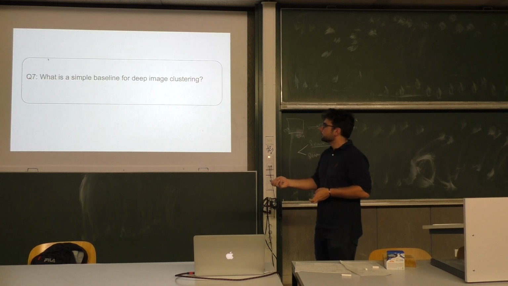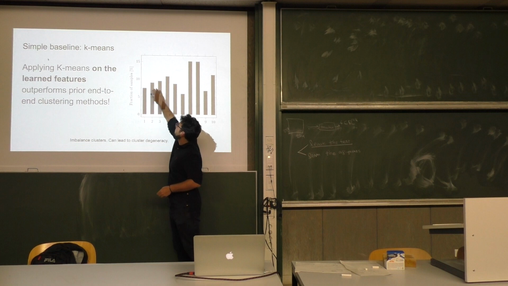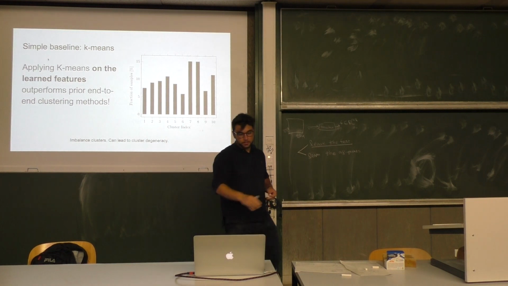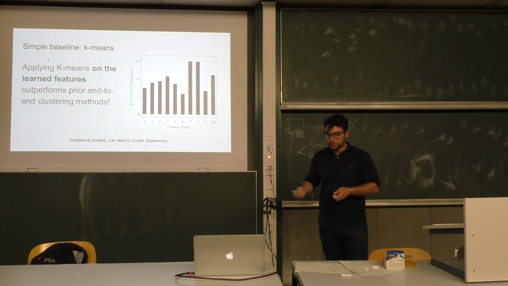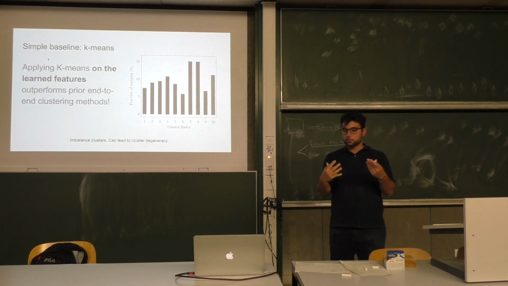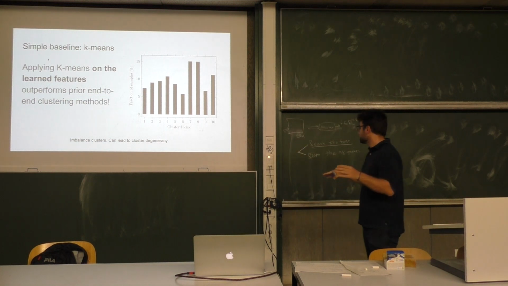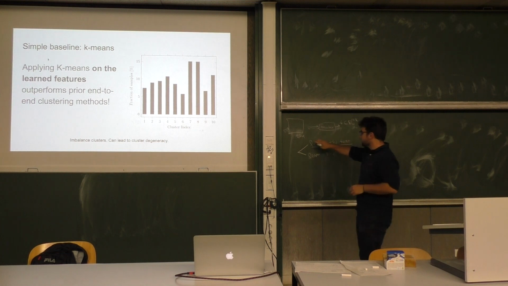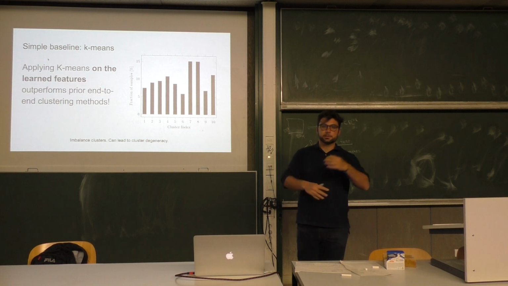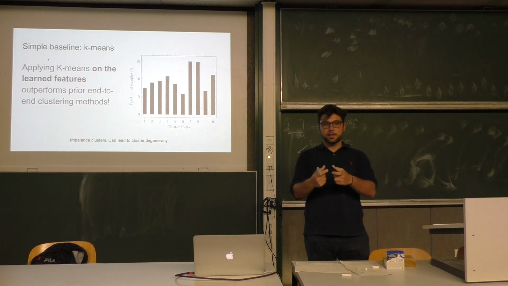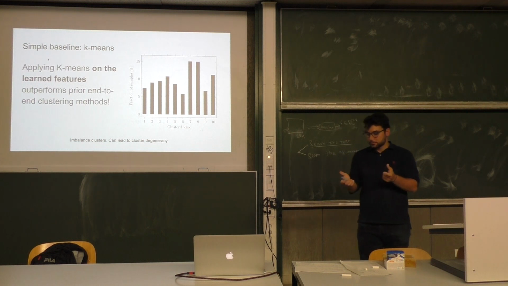So an ideal clustering algorithm would assign the same number of samples to each class. This does not happen with k-means, but it's still important to identify that we can outperform all the literature that tries to do this in one step. This is what we call end-to-end clustering methods. Even though we still use deep learning, if you do these two steps together, it's really hard.